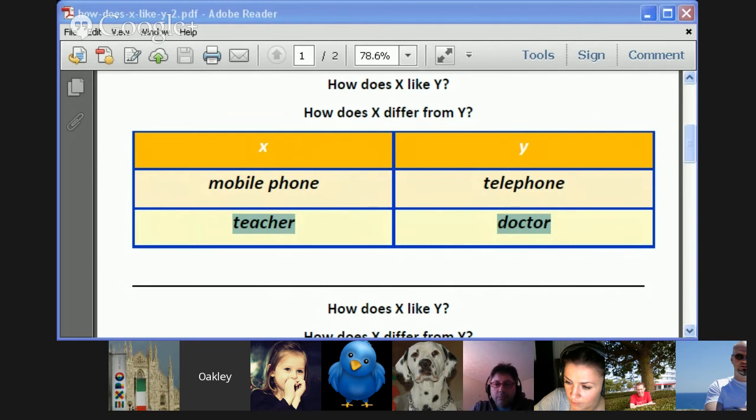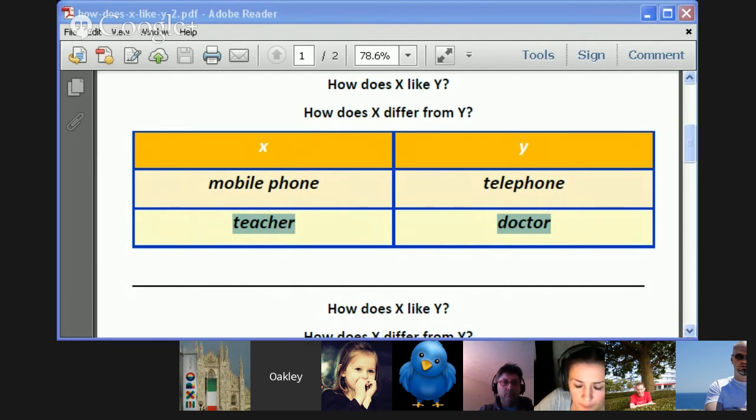But you need a verb. So you need to say the difference is, or often we say the difference is that. This would be a common connective phrase. Can't forget the verb.